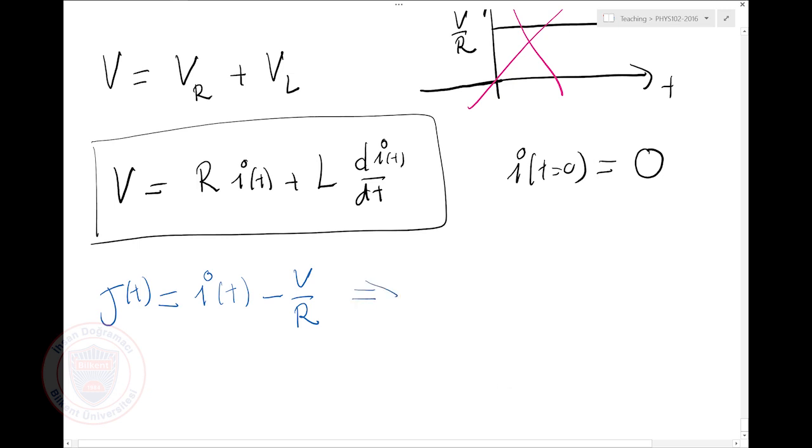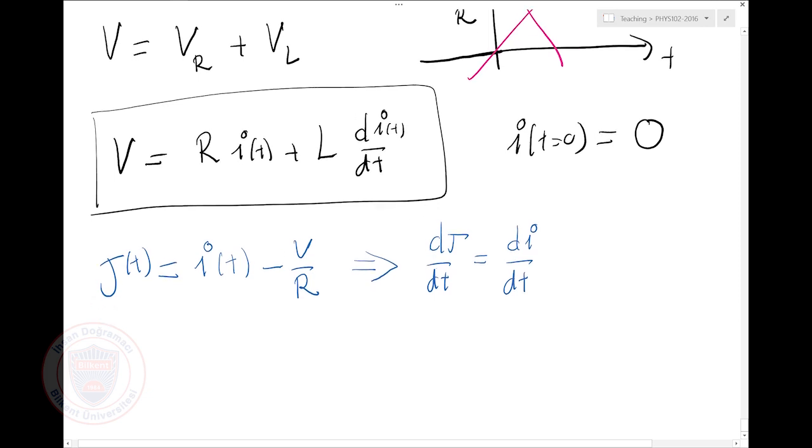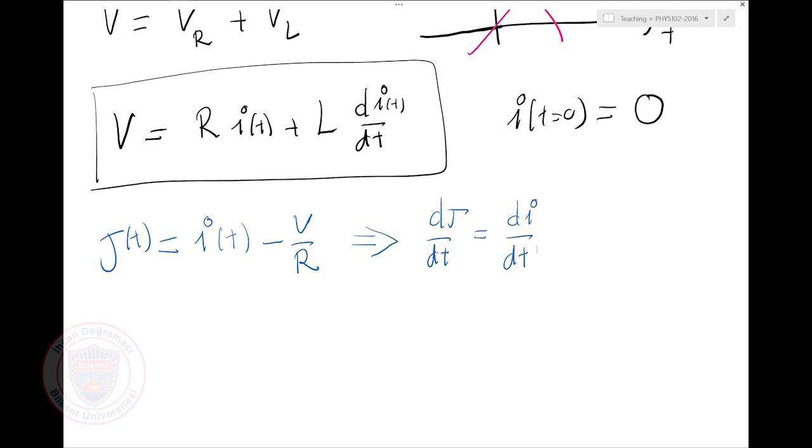Now, what would dj dt be? It will be exactly dI dt, right? Because V and R are constants. So let me rewrite my equation in terms of this new quantity I defined.